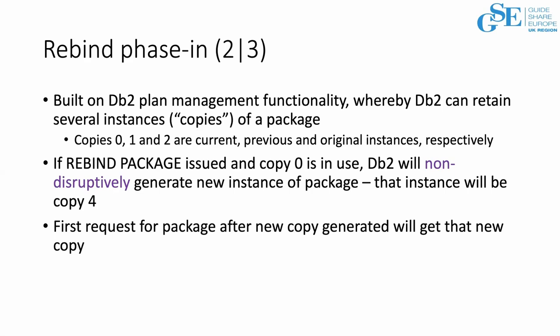It'll give the new instance a copy identifier, and it'll start with 4. That's because copy 3 is reserved for IBM future use. So later down the road, when copy 4 is bound and in use, and a new copy comes in, the next copy will be copy 5. This will go on up until copy 16, and once it hits 16, it'll wrap back around to 0.